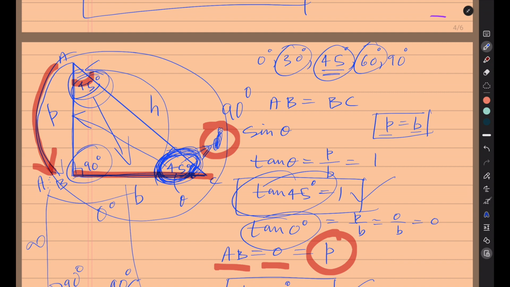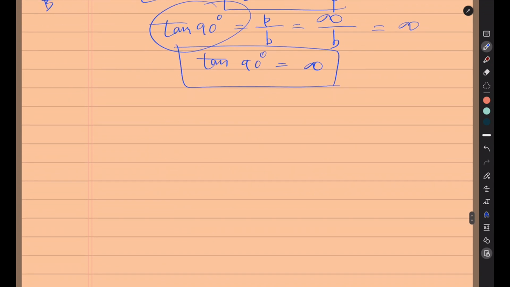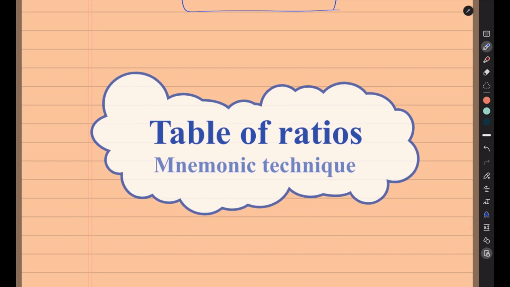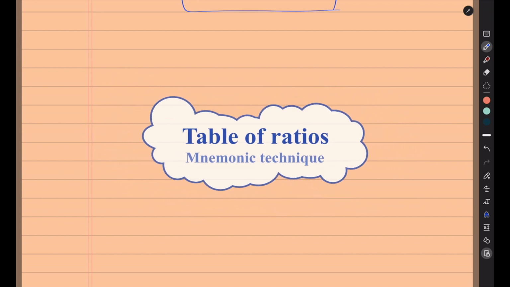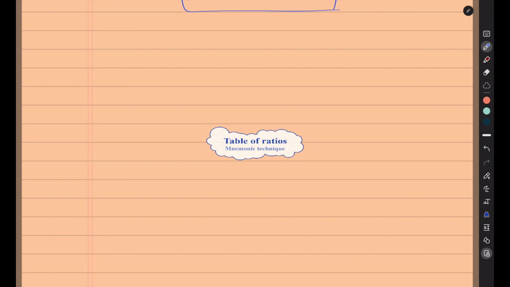We will do everything one by one. But let me show you one very important fact, or a kind of table. Let me make a table including all those angles which we talked about. And this is a very important table.